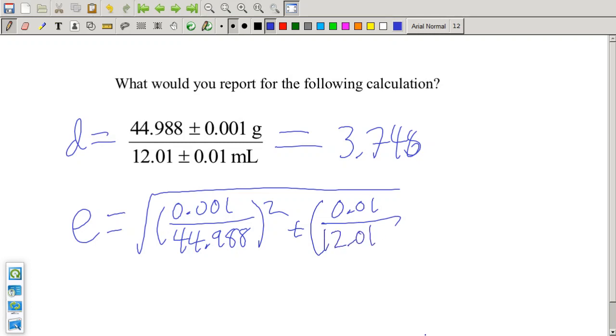And you're going to see, again, this is going to be the dominant of the two, squared. And then we're going to take that whole relative error and multiply it by my density, 3.746.